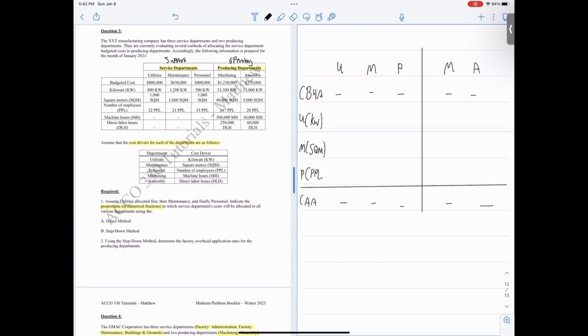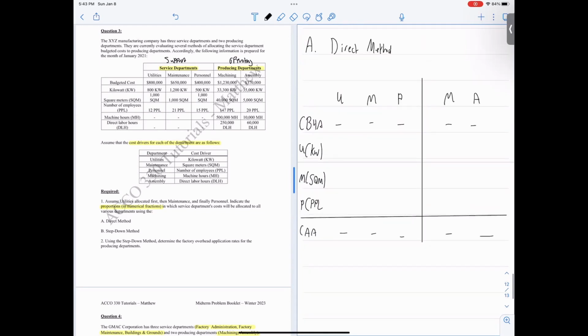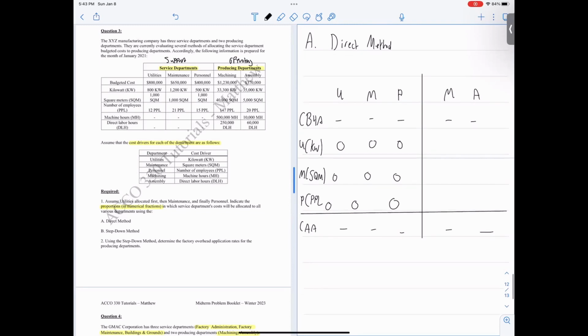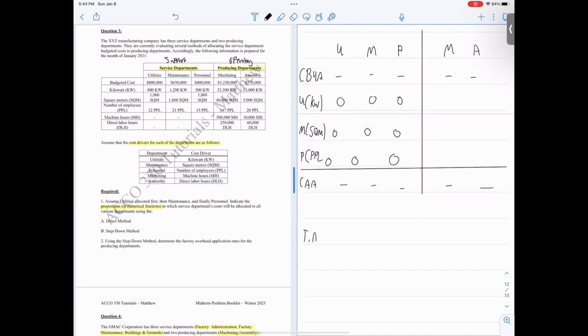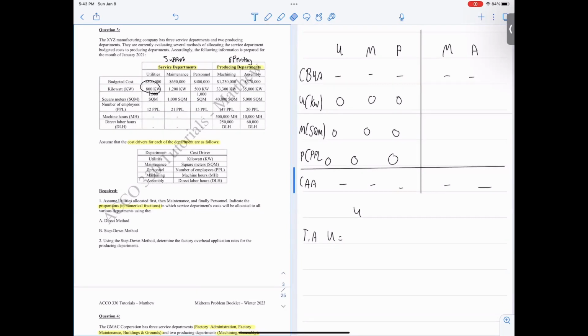Since we're doing the direct method for part A, I hope you agree that our proportion for utilities, maintenance, and personnel is 0. It's going to be 0 everywhere because when you're doing the direct method, you ignore the relationship between support departments. Now let's do our total allocation for utilities. How much do they allocate to themselves? Utilities allocates 800 kilowatt hours to themselves.